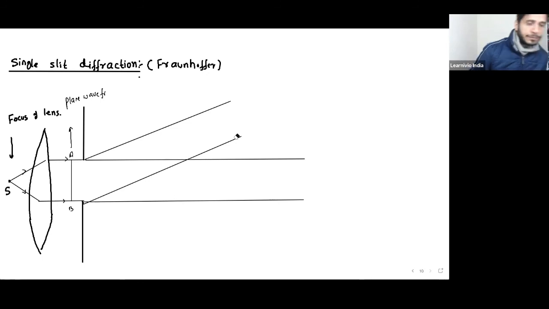So this is what happened. These waves get bent, and when these bent waves superimpose each other, they give rise to the superposition of waves.